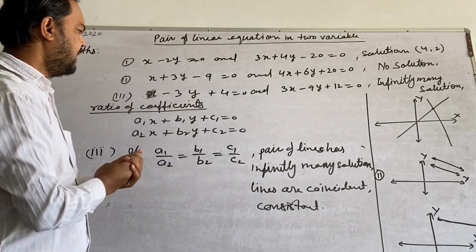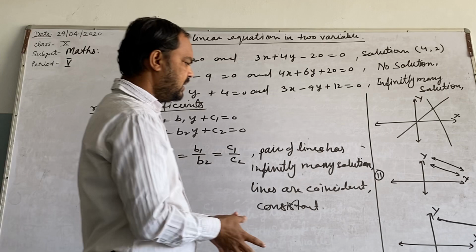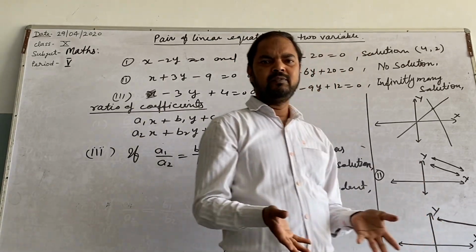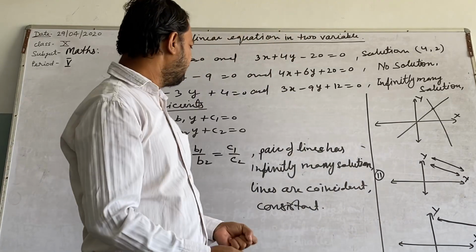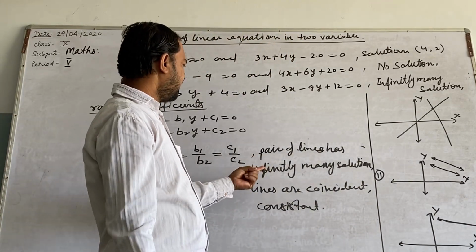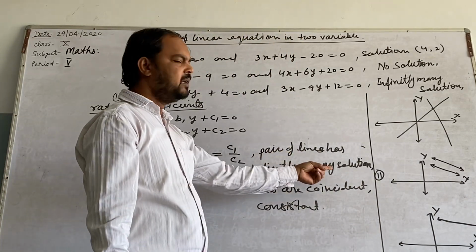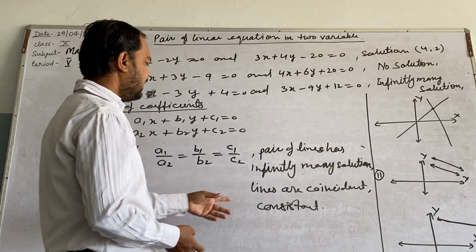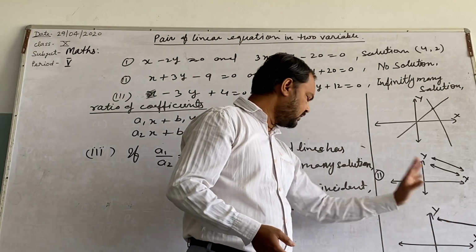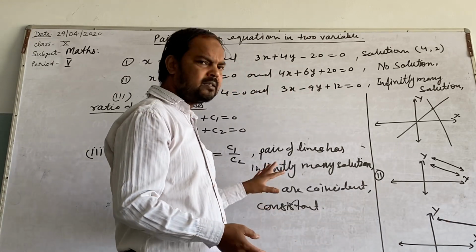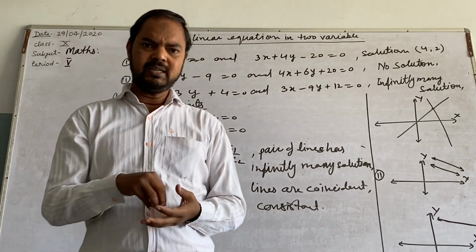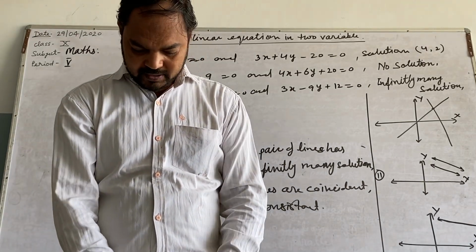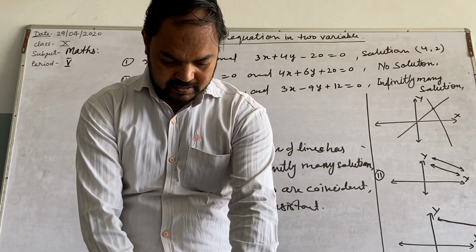In this figure we find that the lines intersect each other at infinitely many points. So we can say the lines have infinitely many solutions, and the lines are coincident according to the figure. It is consistent because a solution is present over here. We cannot say a solution is not present.